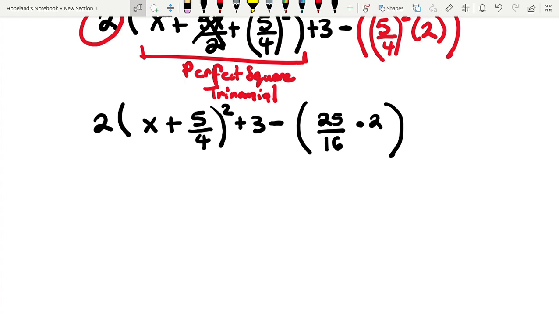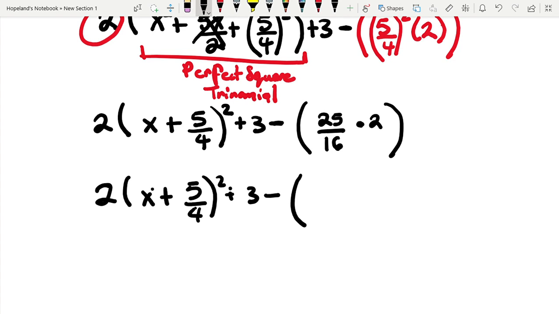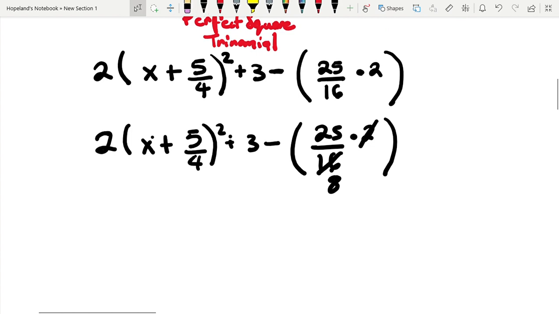Let me show you how I simplify that. Plus 3 minus 25 over 16 multiplied by 2. The 2 is just going to cancel with the 16 and give you 8 underneath. Then 3 minus 25 over 8.